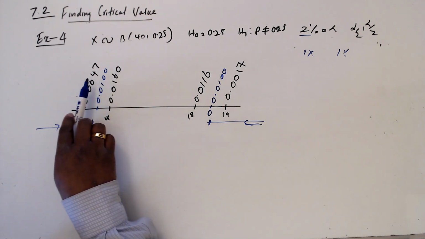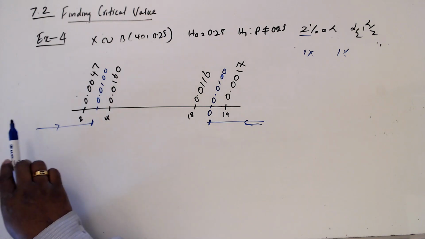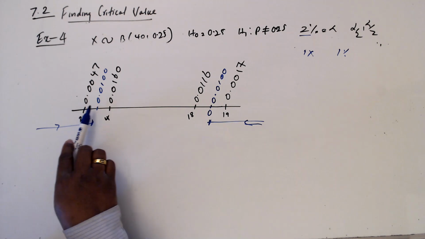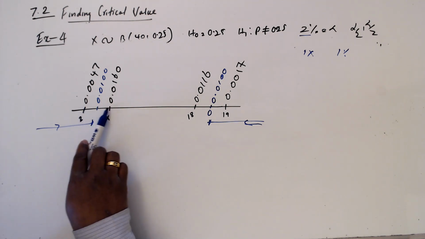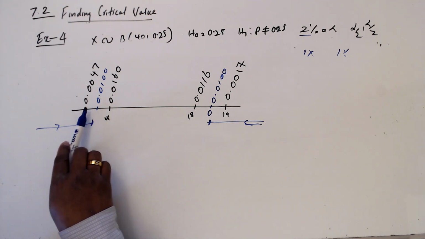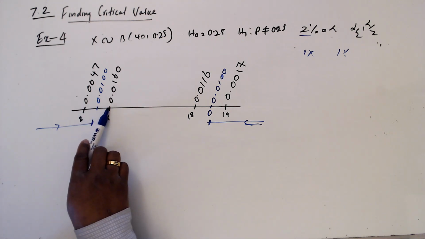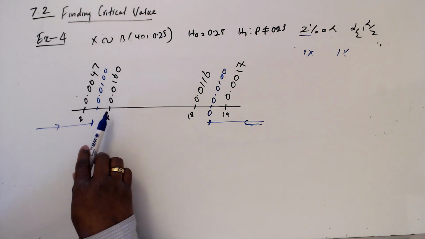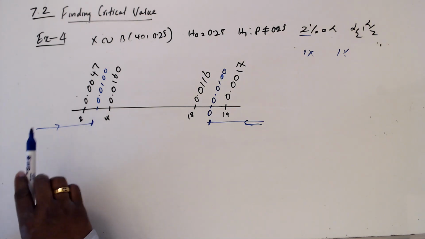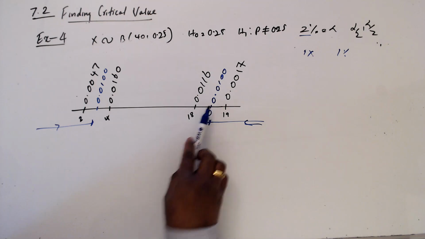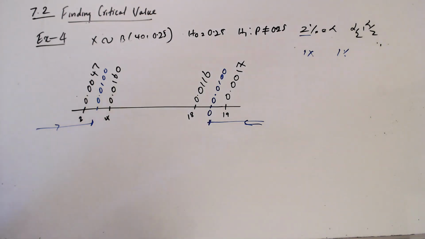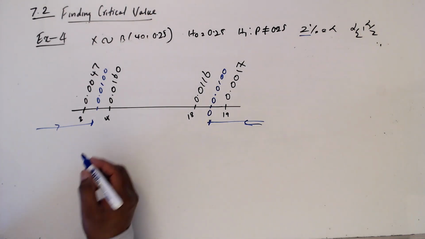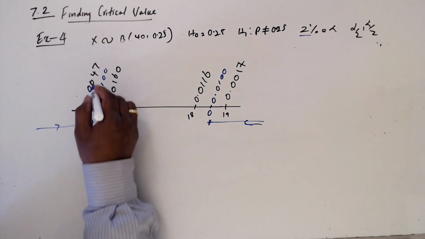From this distance, this is the 0.01, and now we need to see the difference from here to here and here to here, and we have to select the one closest to the 0.01, and here as well. So this is one way of balancing. So we'll work that.